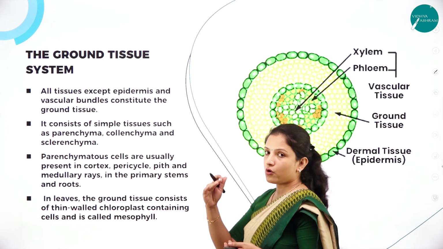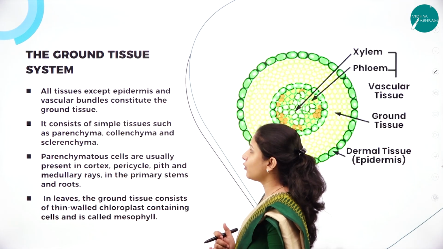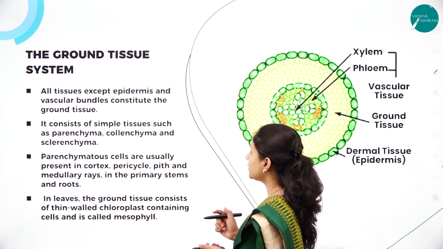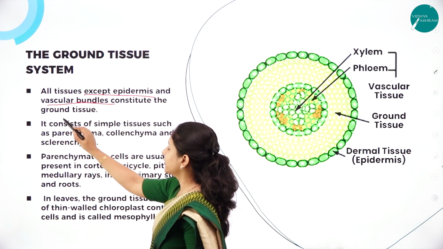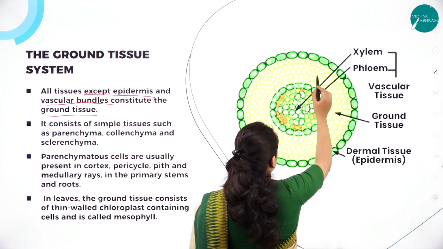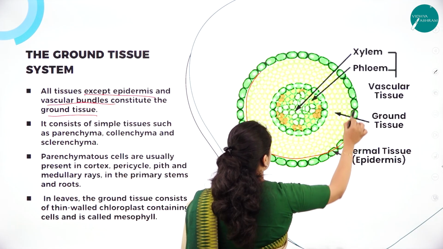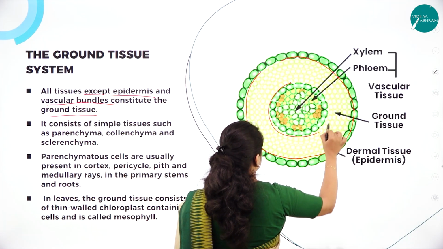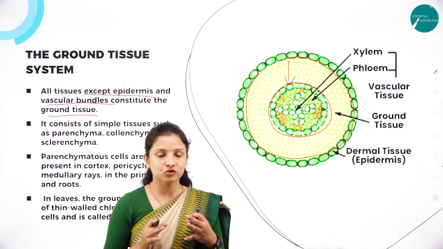So next, let's move on to those tissues that are present below the epidermis, that is the ground tissue system. All tissue except the epidermis and the vascular bundle constitutes the ground tissue system. So this entire thing that you see here, right from here to here, constitutes the ground tissue system.